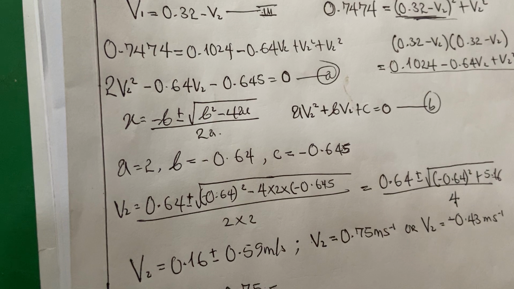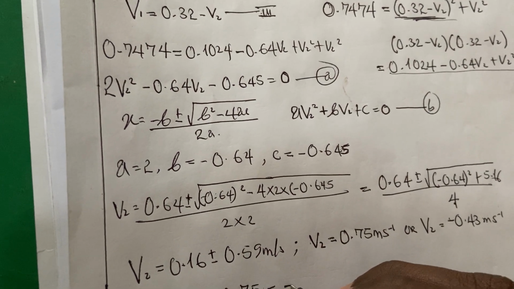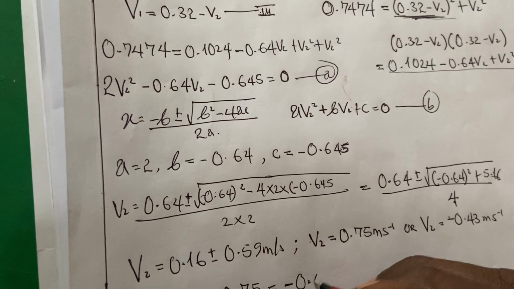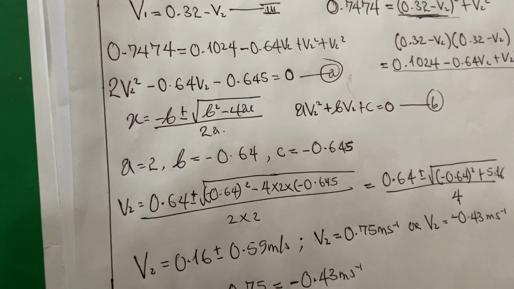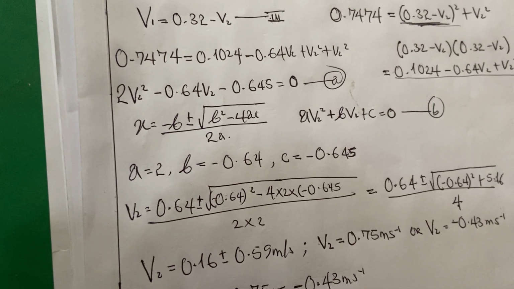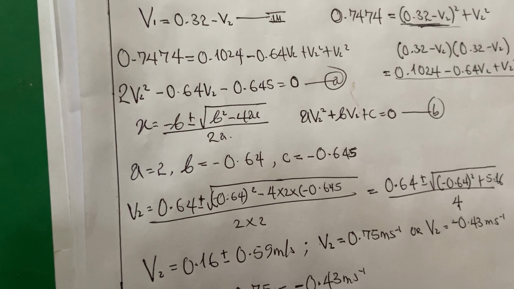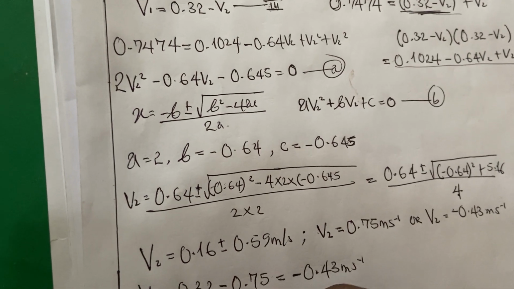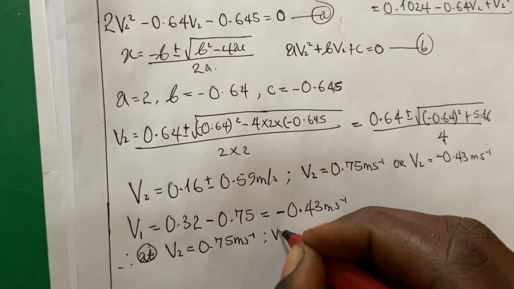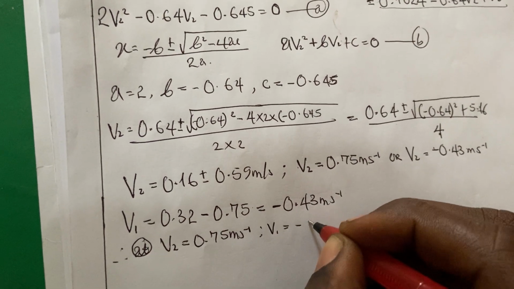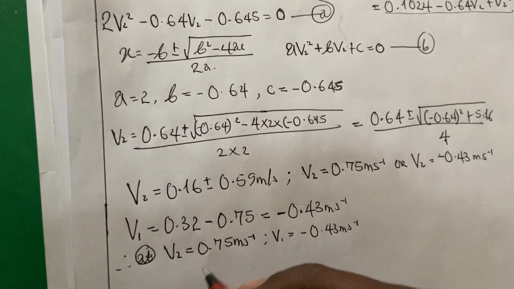Putting in 0.75 should give us minus 0.43 meter per second. So at v2 equals 0.75 meter per second, v1 equals minus 0.43 meter per second.